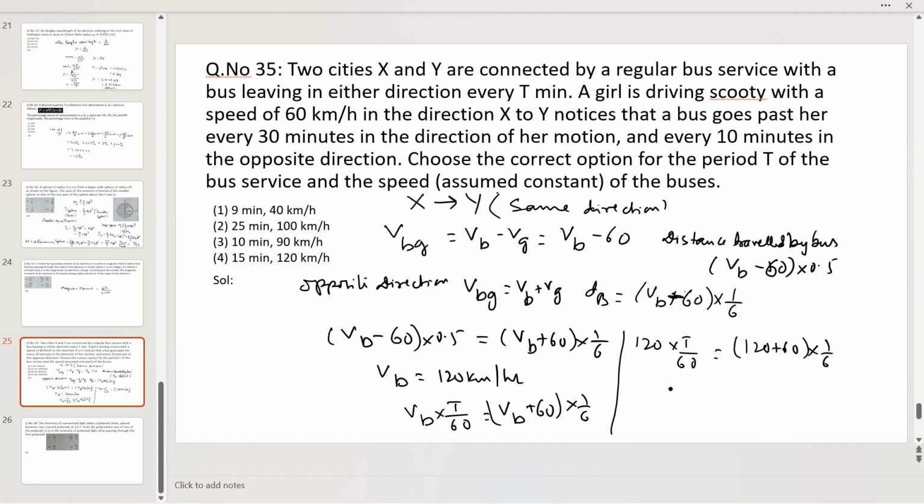If you calculate it, your time period t will be 15 minutes, and Vb is 120 km per hour, so your option is 4. Now I am going to another question.